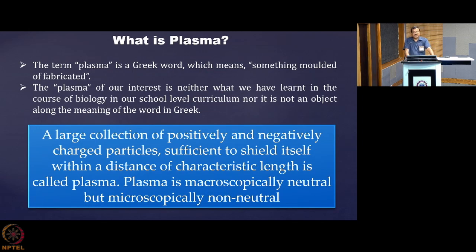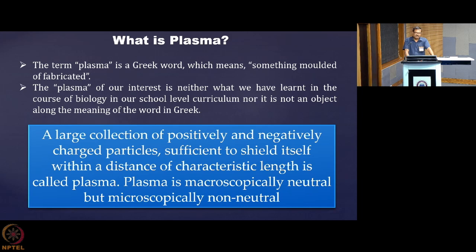So first, what is plasma? The term plasma is a Greek word which means something molded or fabricated. The plasma in which we are interested is neither what we have learned in our biology courses, nor the object meant by the Greek word.